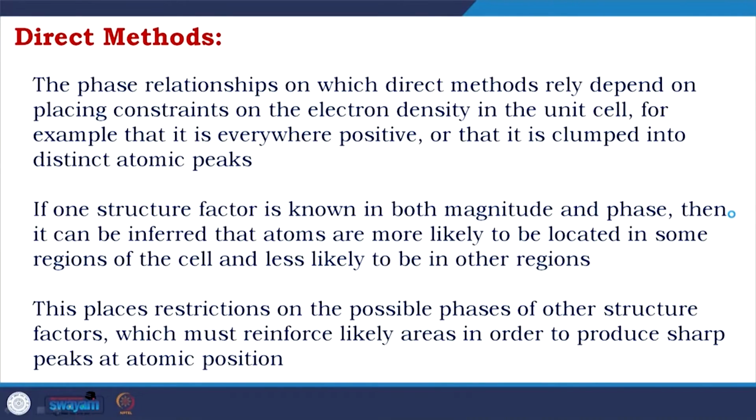These places restrictions on the possible phases of other structure factors, which must reinforce likely areas in order to produce sharp peaks at the atomic positions. If you imagine NaCl, there would be more redundancy, so the peak intensity would be higher.